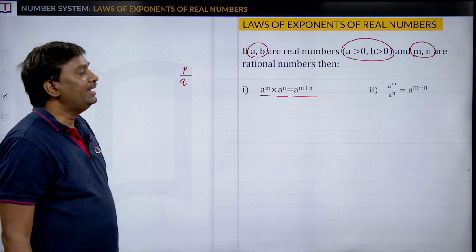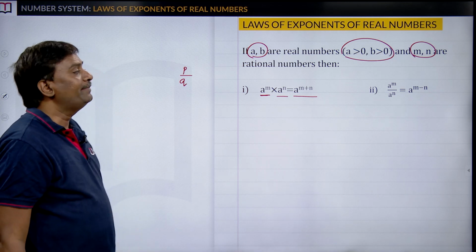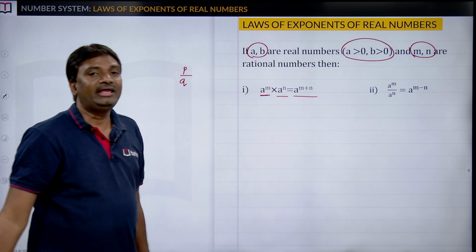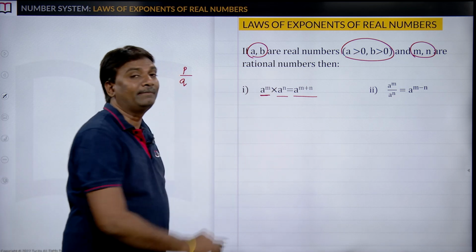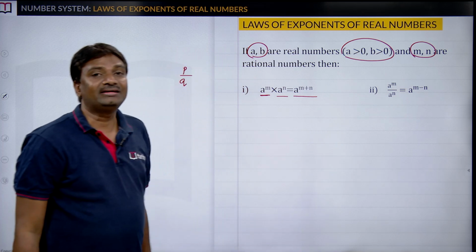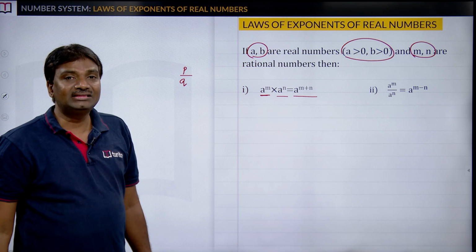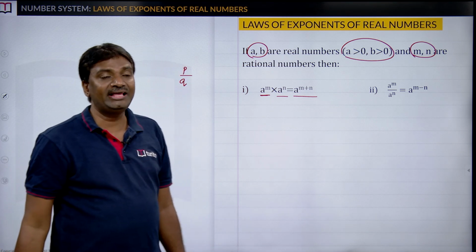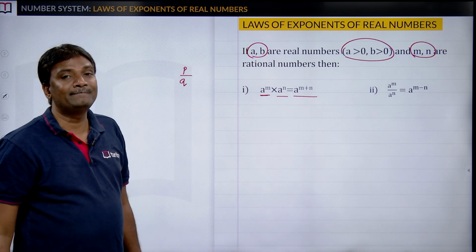Second one, A power m by A power n equal to A power m minus n. By observing the first one, A power m into A power n, we are multiplying. Here A power m by A power n is the quotient, means we are dividing the numerator A power m by the denominator A power n, then you will get RHS as A power m minus n.